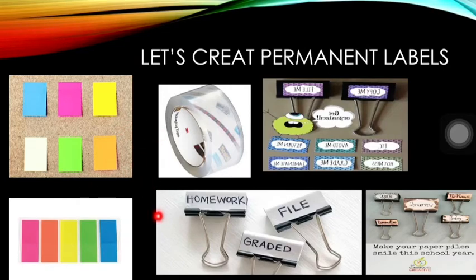Now, how to convert these sticky notes into labels or tags. You can cut them in tiny strips and you can write whatever you need to write at the top of this sticky note, which now you have cut in the form of a strip. You can write at the top of this strip and you have to laminate this with transparent scotch tape.